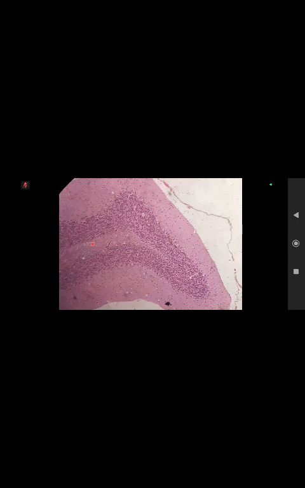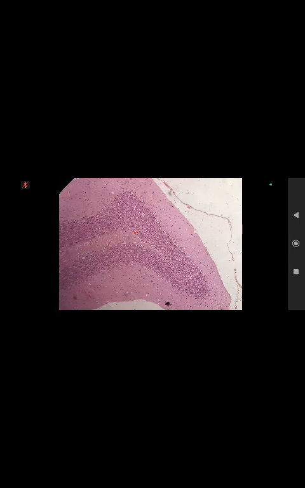We have astrocytes responsible for the blood-brain barrier. We have microglia, which are responsible for clearing any debris, dead cells, and proteins. So that is the medulla part of the cerebellum.